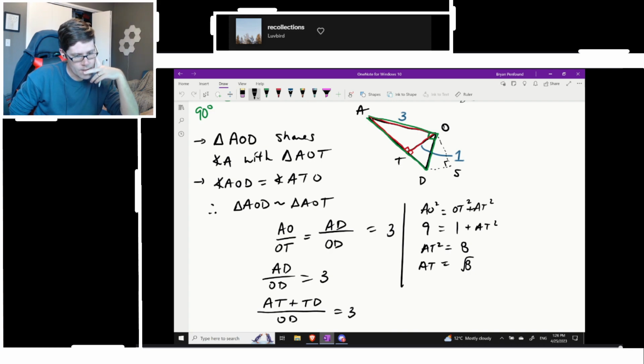However, is it possible for us to start figuring out what else do I need? If I had OD, we could solve for some stuff, right? Is it possible to get that? I think it might be now that we have the root 8, right? We know all three.